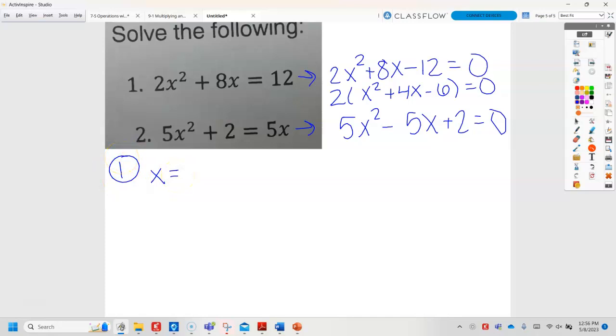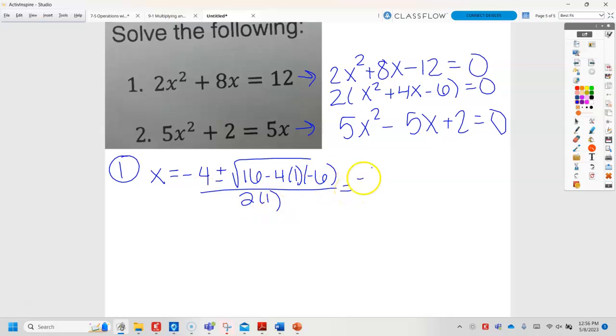Again, you can take the quadratic formula of the part with the GCF out. So I can look at negative 4 plus or minus the square root of 16 minus 4 times 1 times negative 6 all over 2a. Two negatives, we'll turn that to a positive. 16 plus 24 would give me 40.